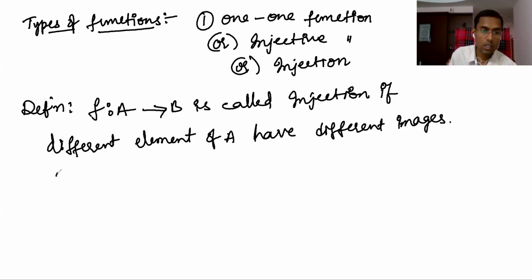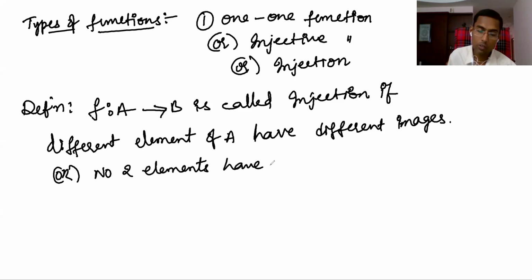That means, or you can say, no two elements have the same image. Different elements have different images means no two elements have the same image.